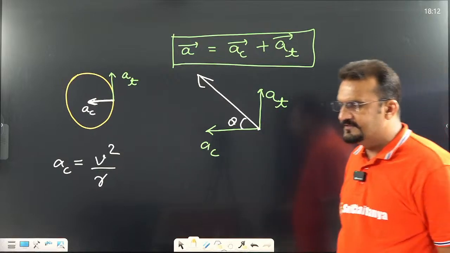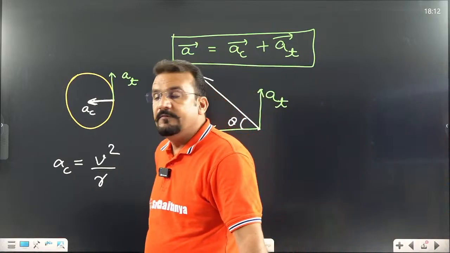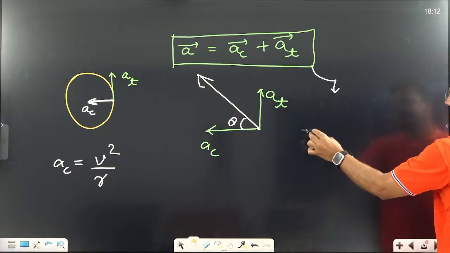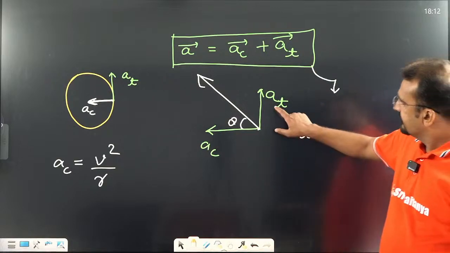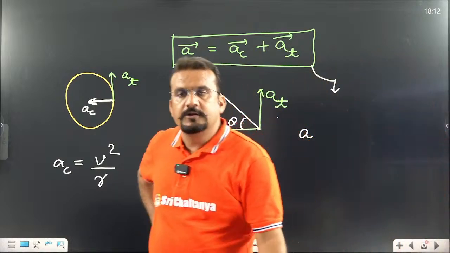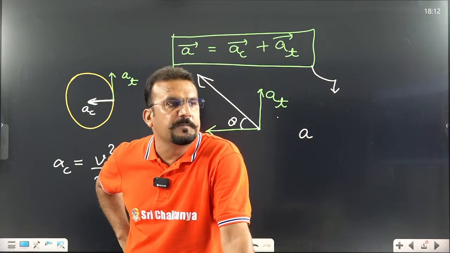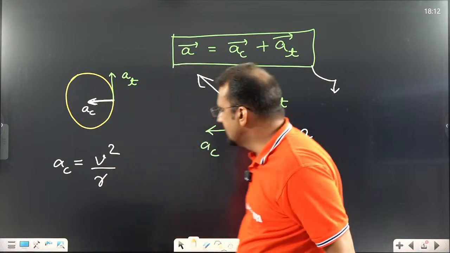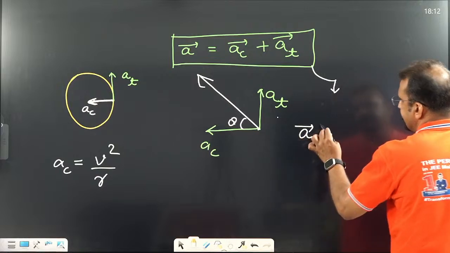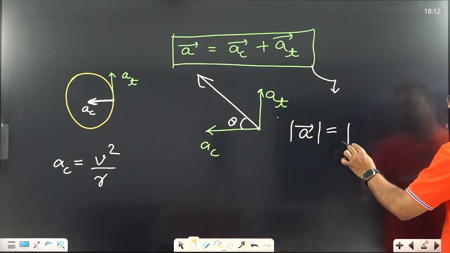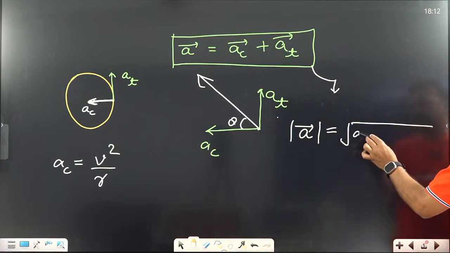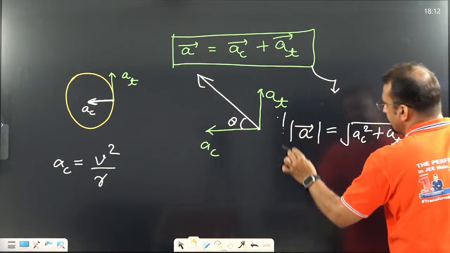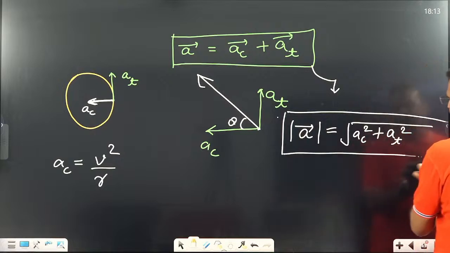This is only a revision of your vectors. Vectors AT and AC are two vectors, both perpendicular to each other. When these vectors are perpendicular, the magnitude is the square root of AC square plus AT square. This is the magnitude of acceleration.